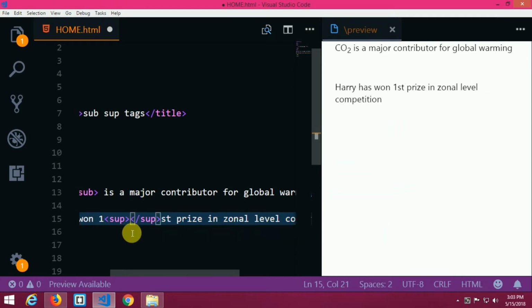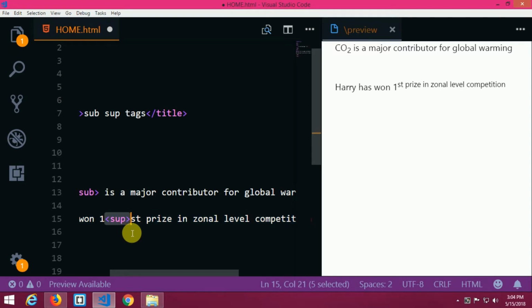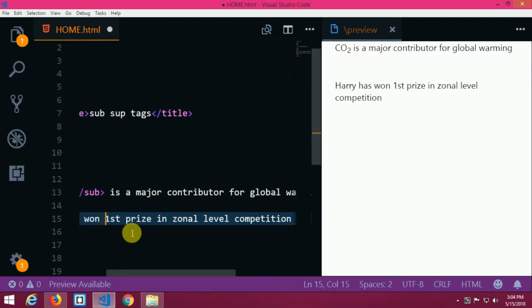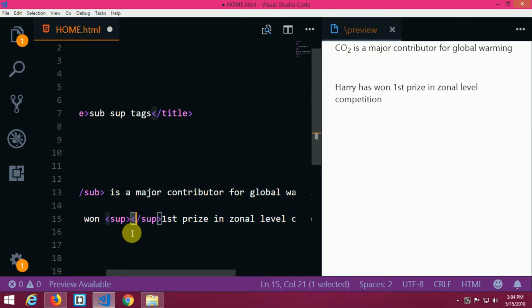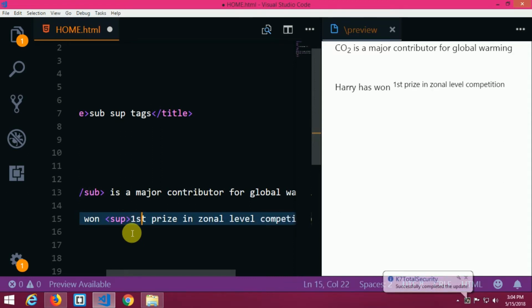So let me cut this. I had done the wrong thing. I have to cut this and paste it here, and cut this and paste it here again.